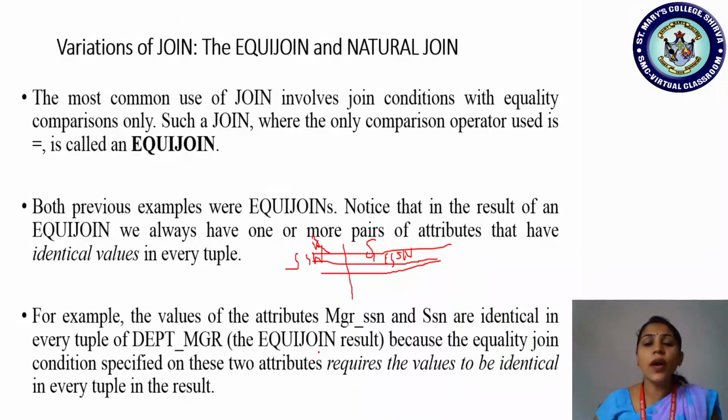The equality join condition specified on these two attributes requires the values to be identical in every tuple in the result. So whatever equi-join condition is mentioned with this join operation, every tuple from both relations should have the same values for manager SSN as well as SSN.